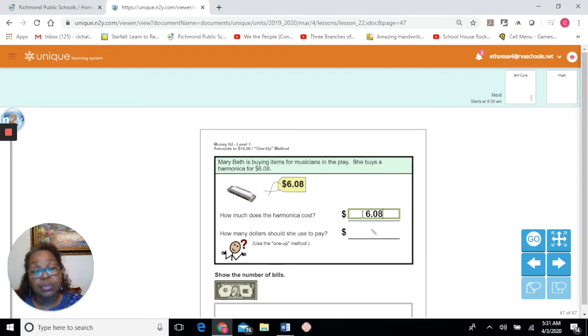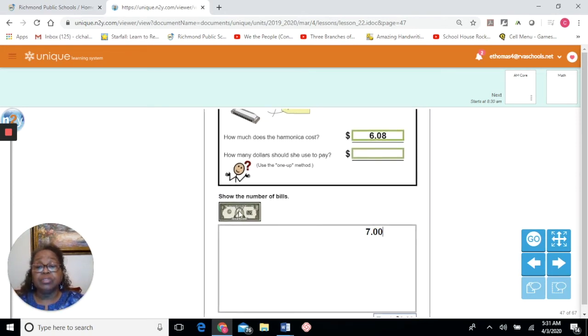Remember, we have to look at the dollar value and go up 1. The dollar value is $6. If we go from 6 and we move up 1, that will be 7. Excellent. Oh, you got that one right. We need to give the cashier $7, and the cashier will give us change.